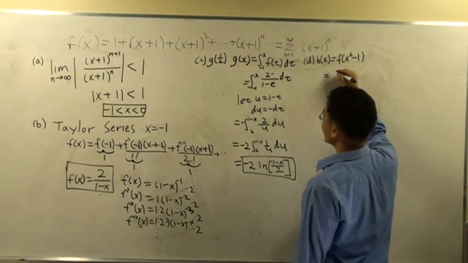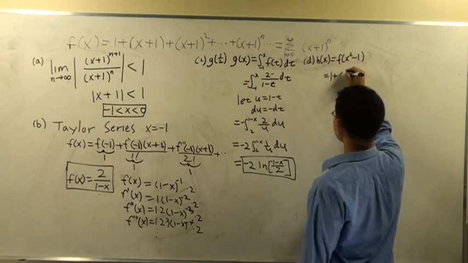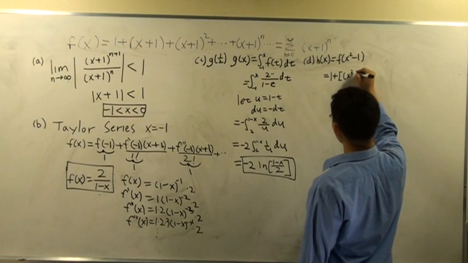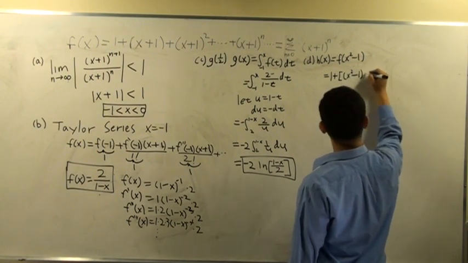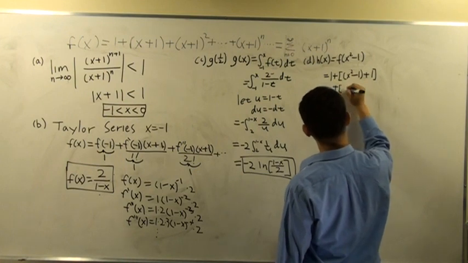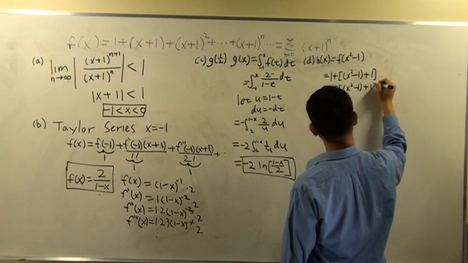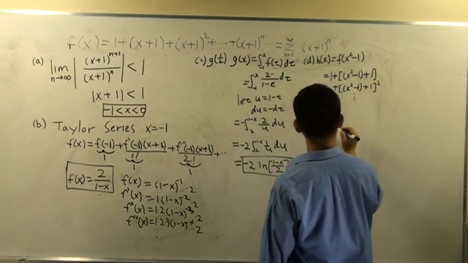So therefore, this is just 1 plus (x squared minus 1 plus 1) plus (x squared minus 1 plus 1) squared and so on.